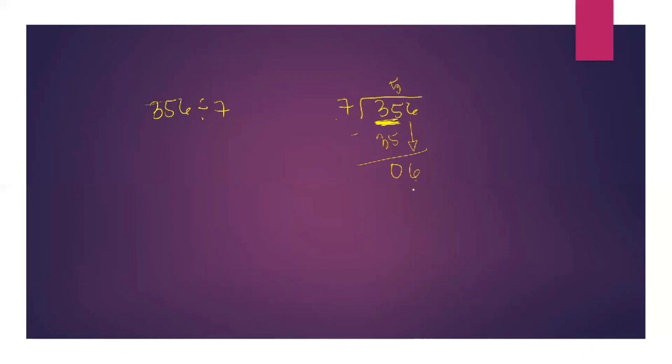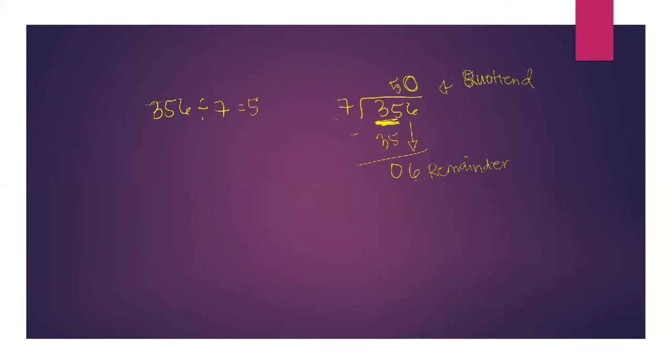But, since hindi na tayo makaka-divide, we will put 0 dito. So, therefore, the quotient is 50. Ayan, quotient natin, 50. And then, the remainder is 6. So, it is equal to 50, remainder 6.